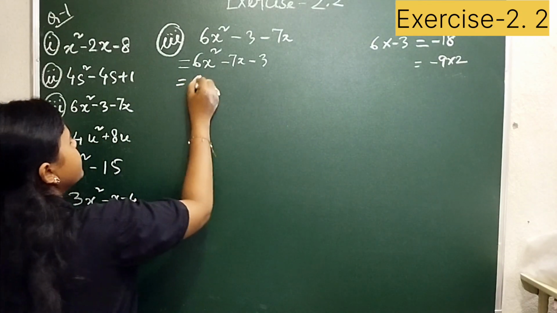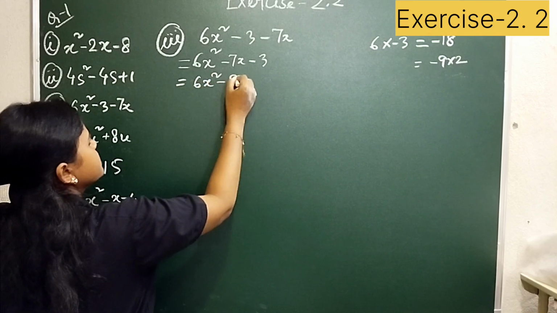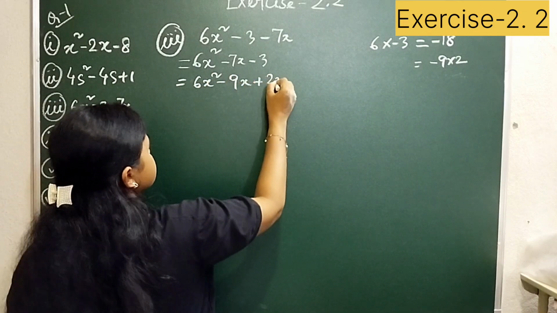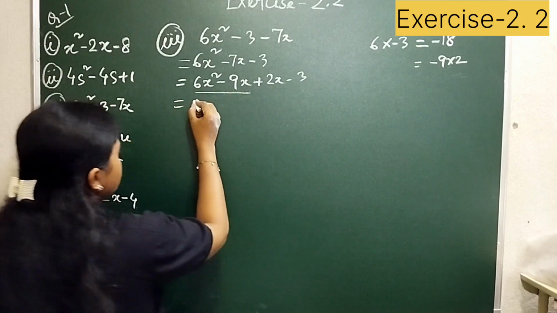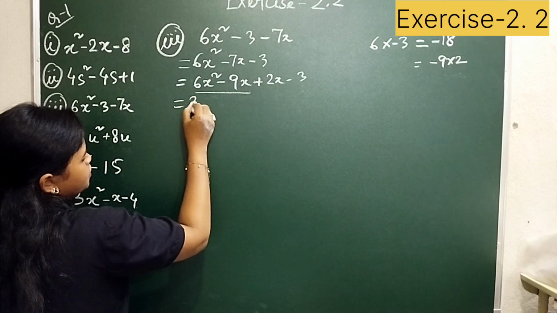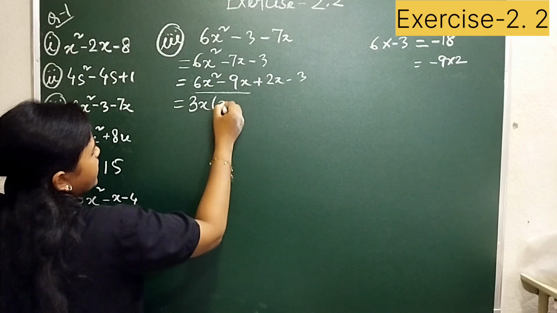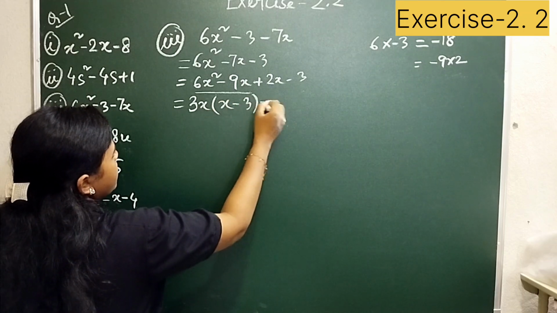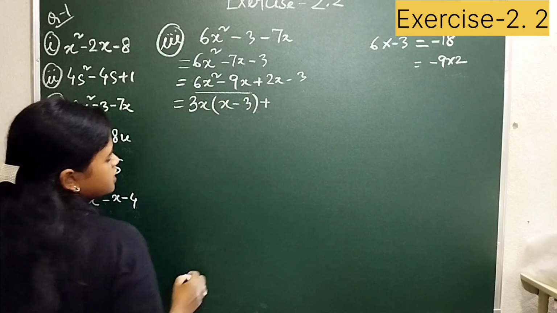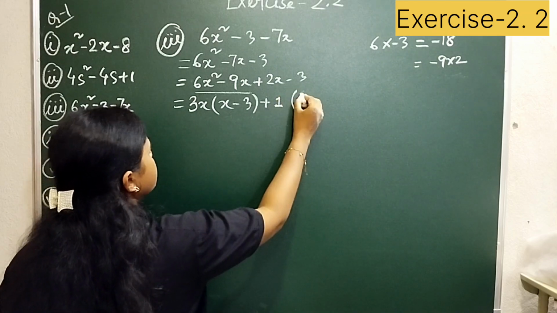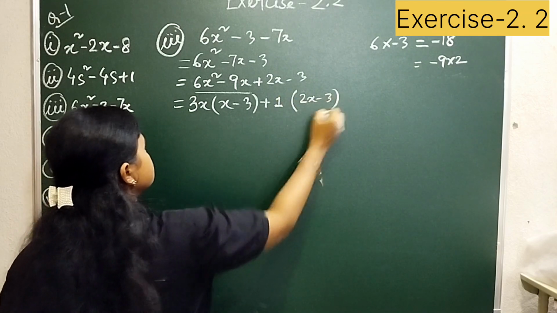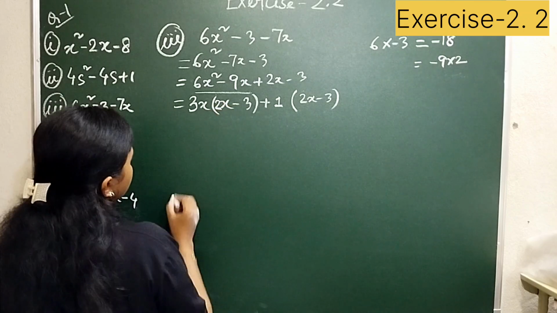Okay, so we will write 6x square minus 9x plus 2x minus 3. From these two terms we will take 3x as common, so we will get 2x minus 3, and from here there is no common factor, so we will take 1, and here also 2x minus 3.